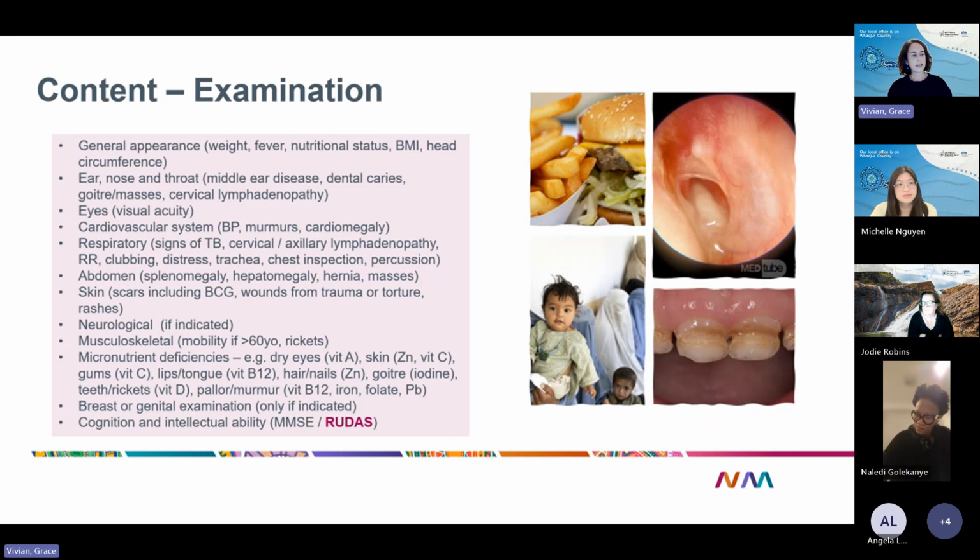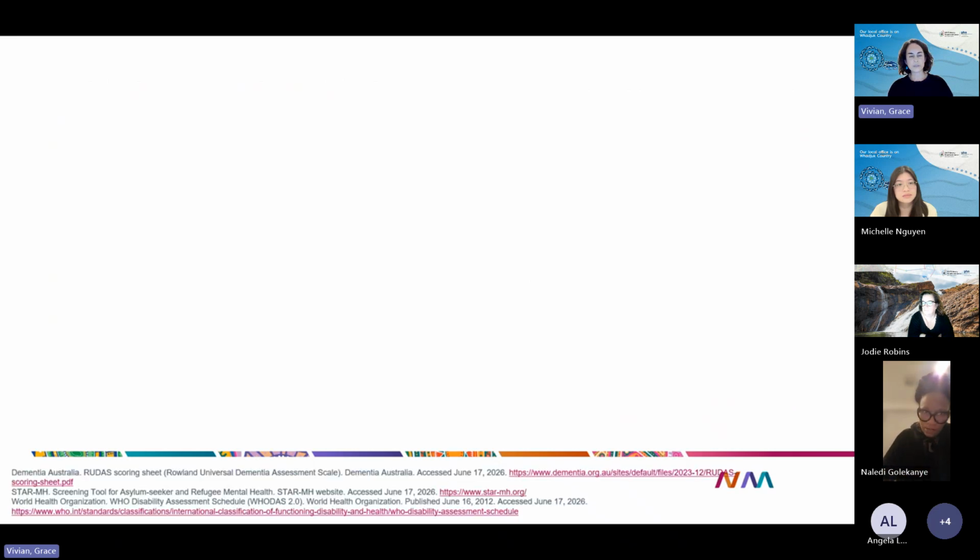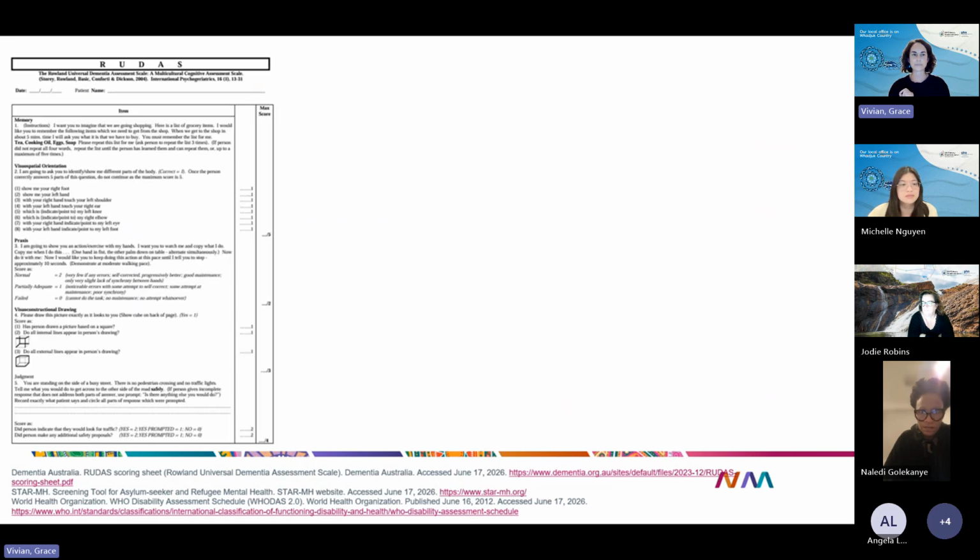So I will then move to the following slide that will show you the 3 different screening tools that I've mentioned. The first one is the RUDAS. Really easy to do. I had a medical student sitting in with me this Tuesday. She'd never seen it before, but after reading through it, she was able to basically do it straight off the cuff with the patient we had there, which was very useful.